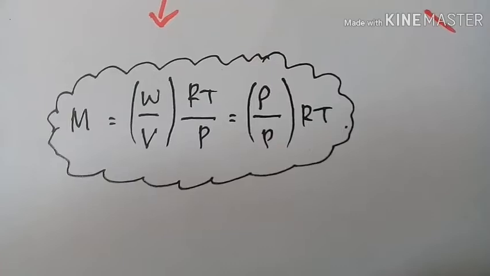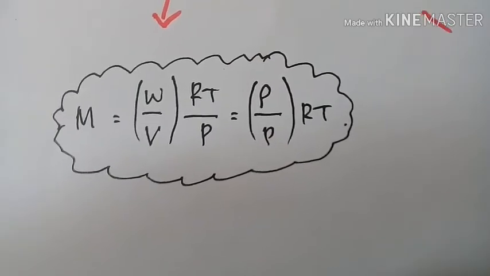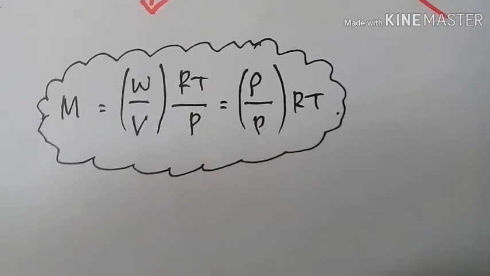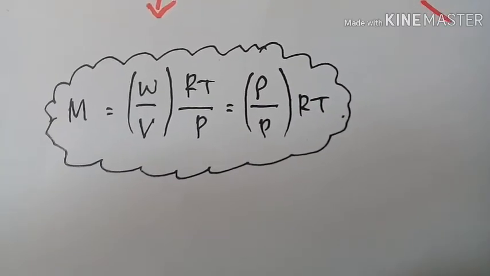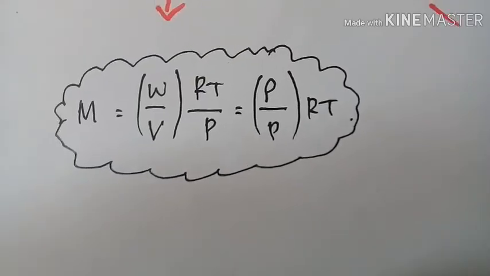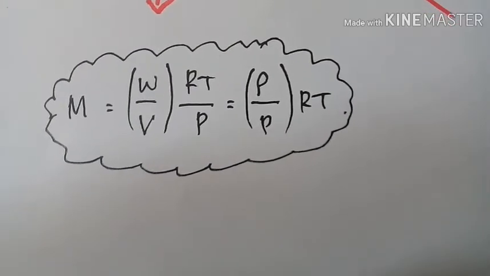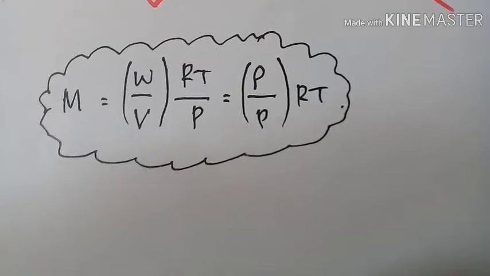In the example, it is unlikely that the ideal gas law will be in error by as much as 2%.